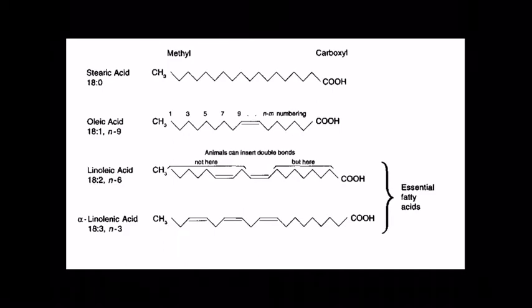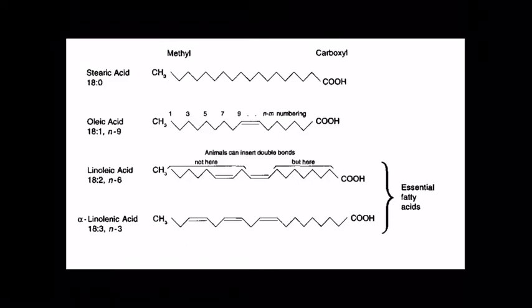Linoleic is 18 carbons long. It has two double covalent bonds. The first one is in the number 6 carbon position, so this is an omega 6 polyunsaturated fatty acid. The bottom one is alpha linolenic acid, which is 18 carbons long.